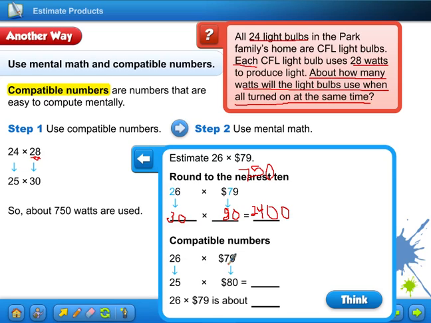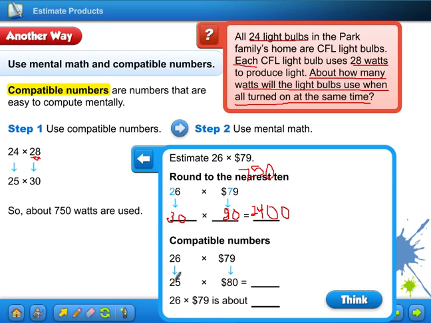If I did that same problem with compatible numbers, remember, compatible numbers are numbers that are easy to compute mentally. So easy to figure out. I could change 26 to 25. And I could change 79 to 80.